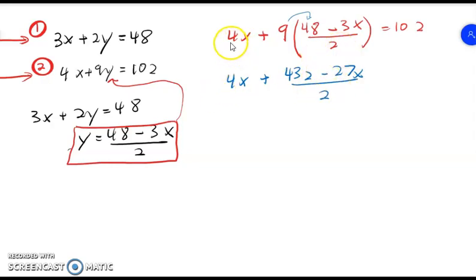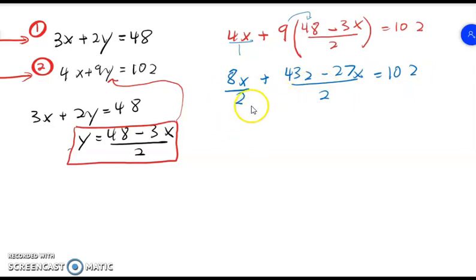Here it is supposed to be over 1, right? So you just multiply 2 both sides, so you'll be having here 8x over 2. Okay, this is equals to 102.